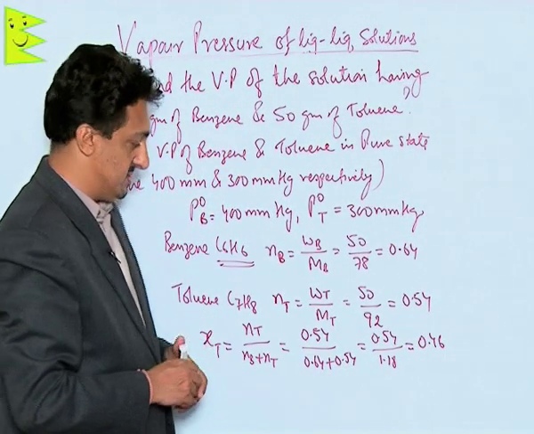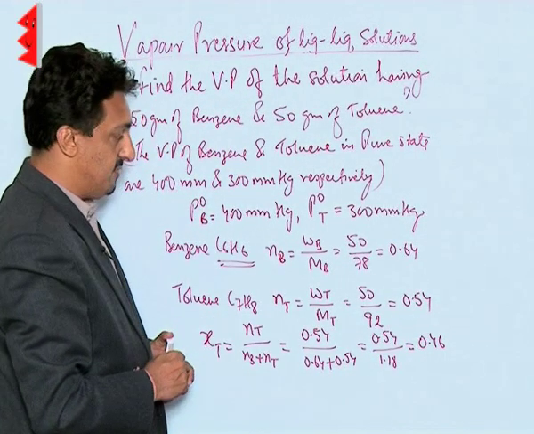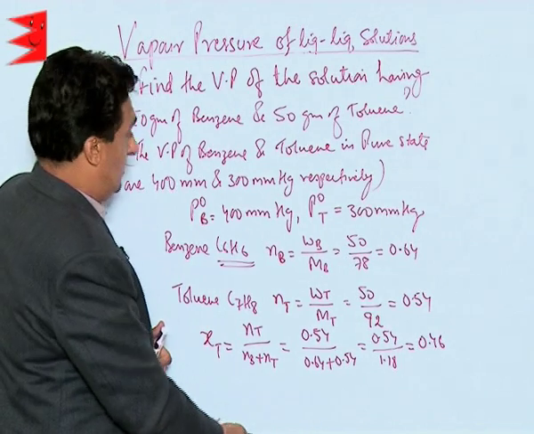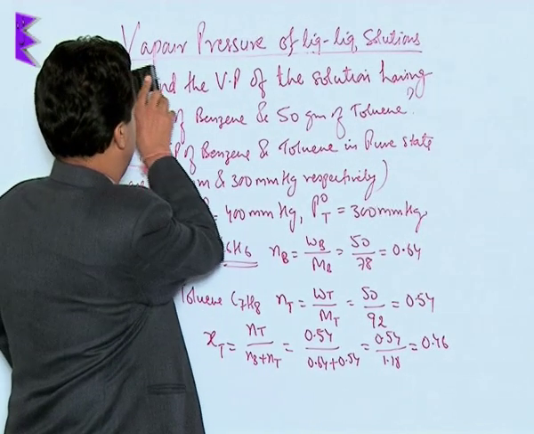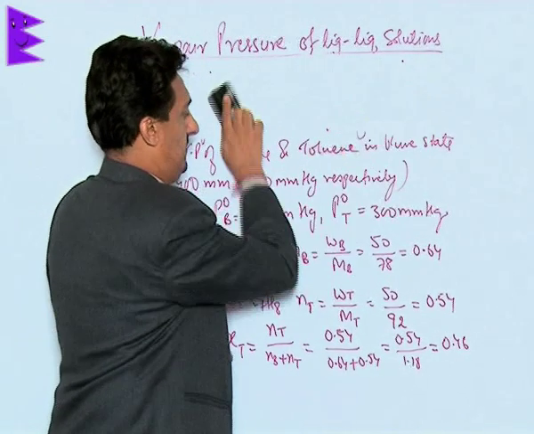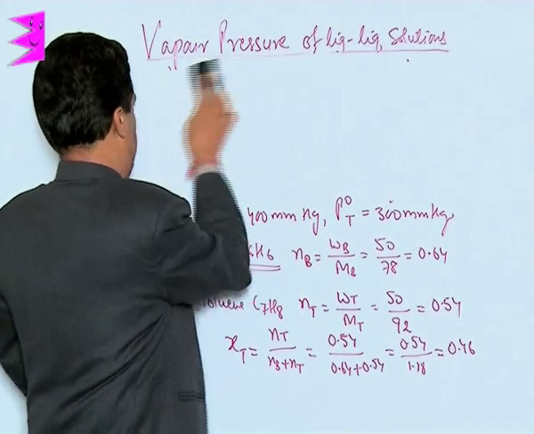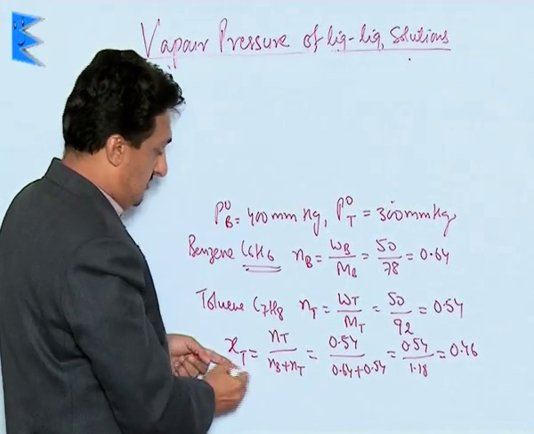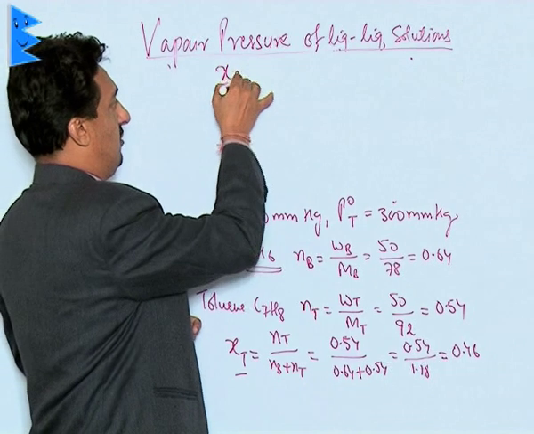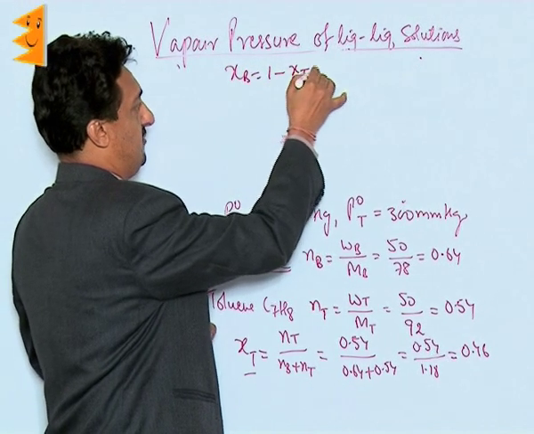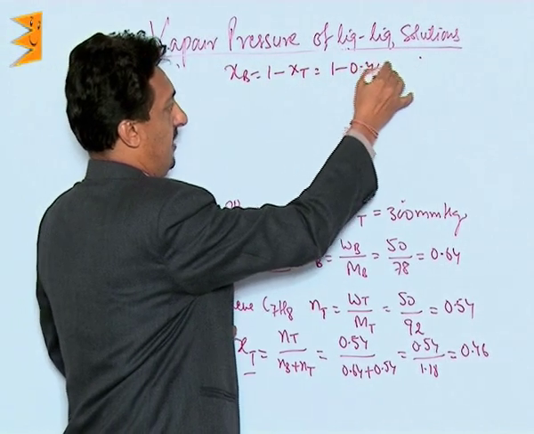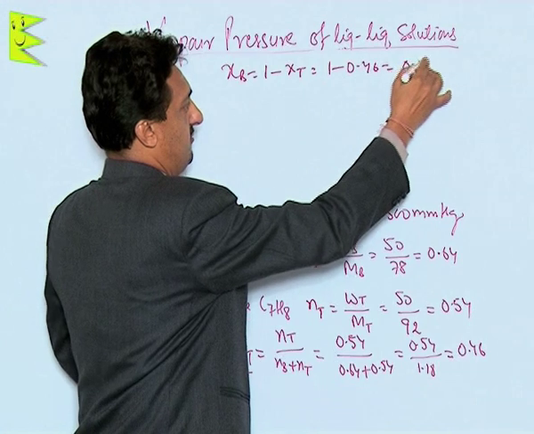If the mole fraction of toluene is 0.46, the mole fraction of benzene will be 1 minus 0.46, which is 0.54.